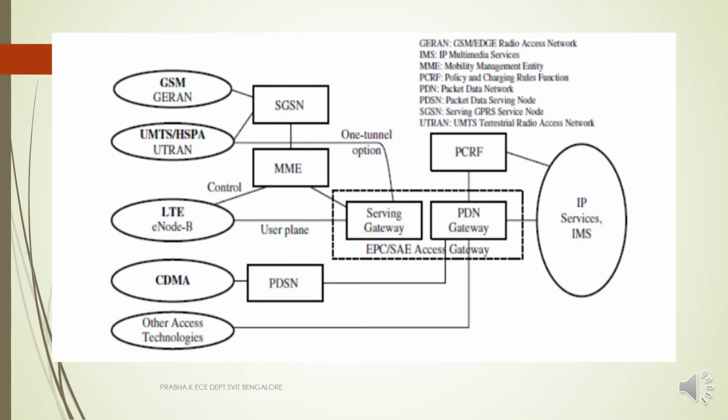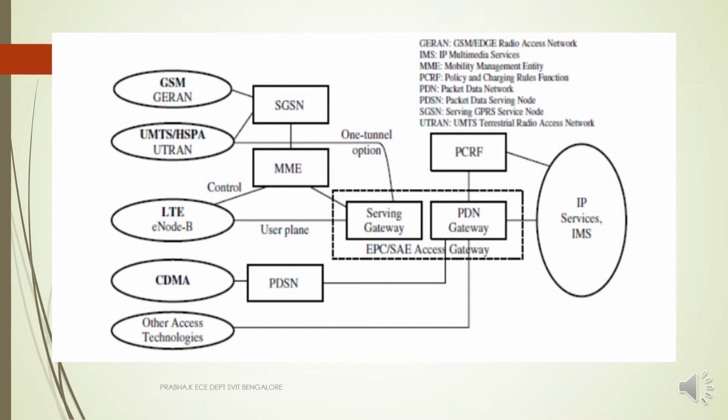This block diagram gives you the LTE architecture. It mainly consists of SGSN, the Serving GPRS Support Node, MME, Mobility Management Entity, and PDSN, the Packet Data Serving Node, which are connected to the different wireless cellular networks.